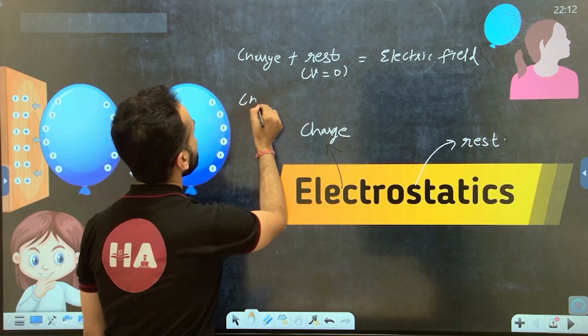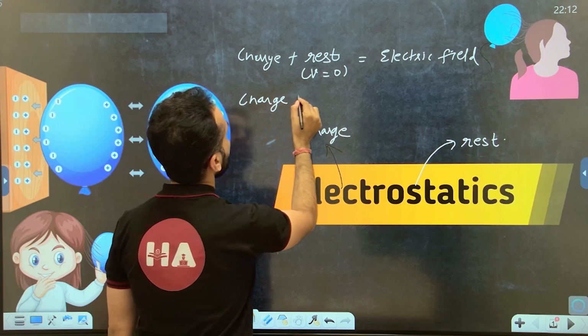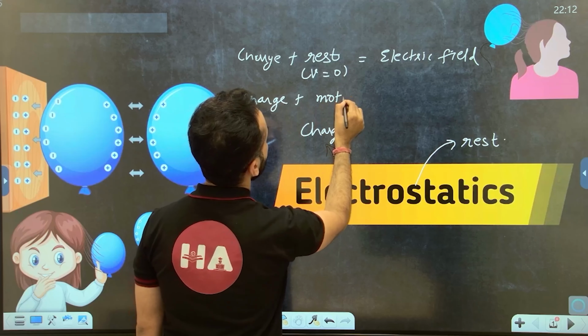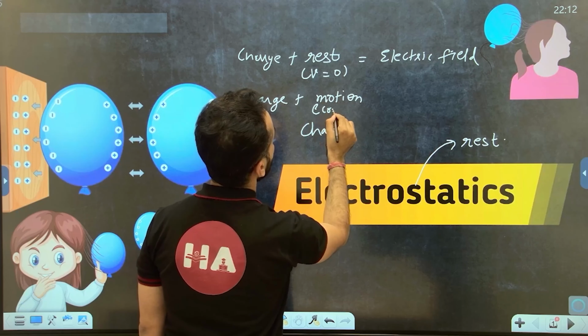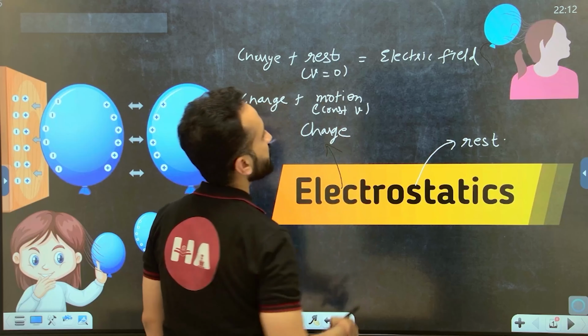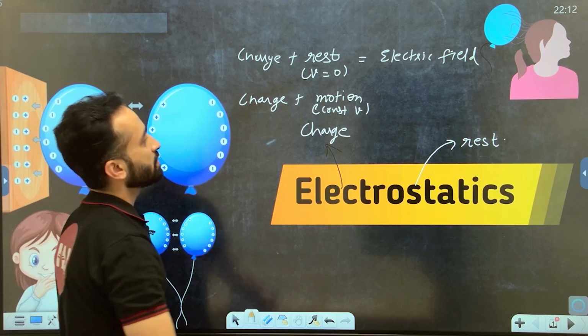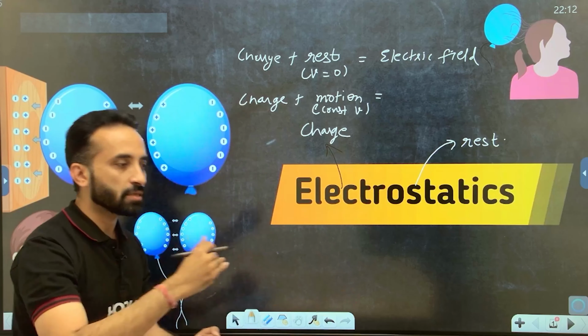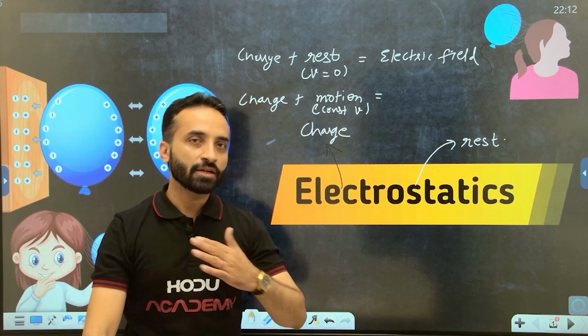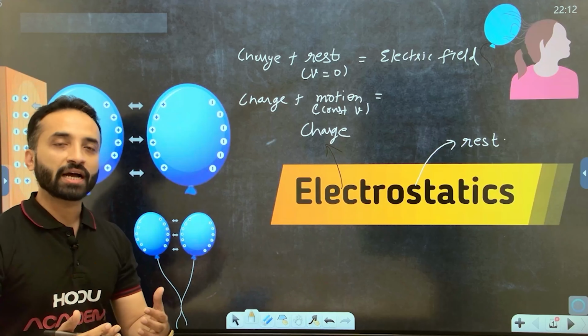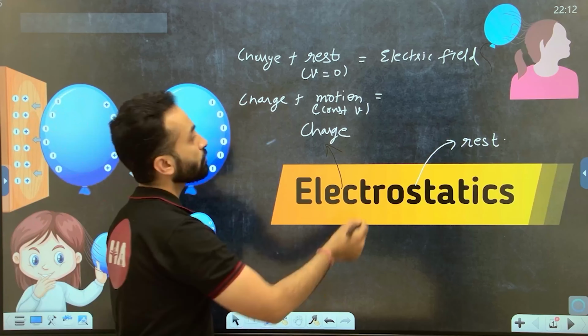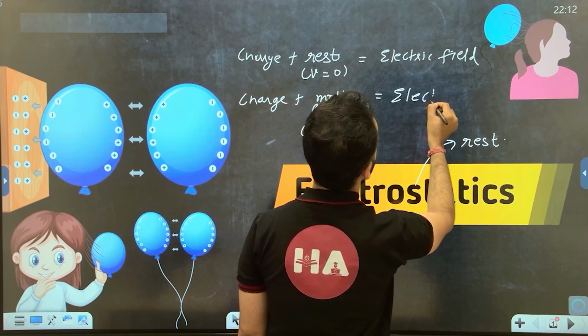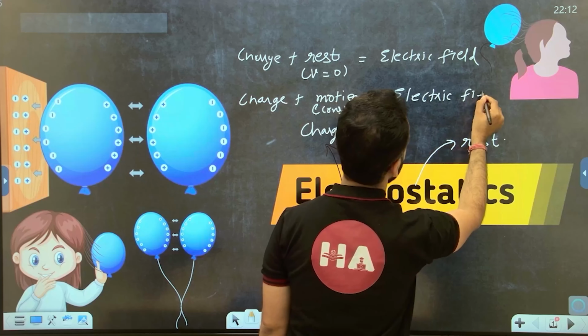Okay, when we say that there is a charge in motion, and that motion is, let's say, with constant velocity, so you would say, okay, charge in motion, that is what current is. So basically we are talking about charge as well as current, right? So we will say that yes, there is going to be an electric field associated with it, right?